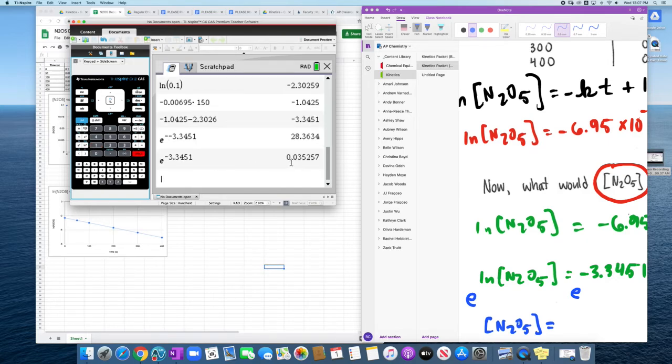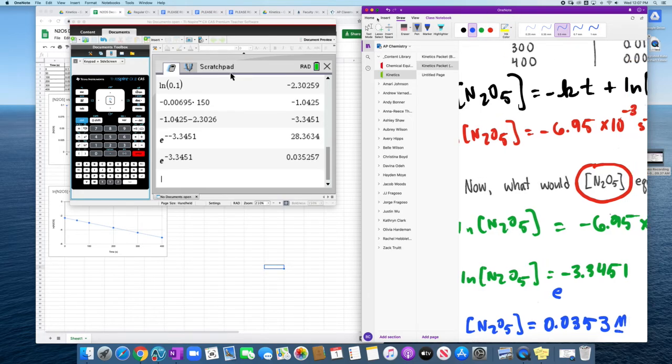And so that should be the concentration of N2O5 at t equals 150. So I've taken the linear equation and that's the molarity, 0.0353 molar.